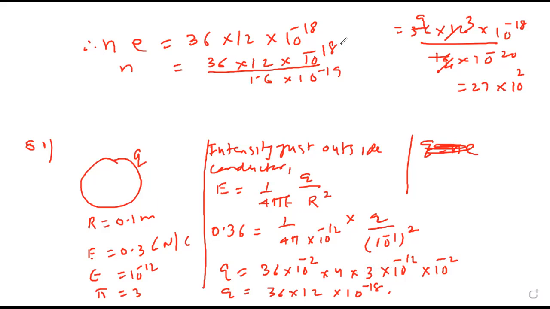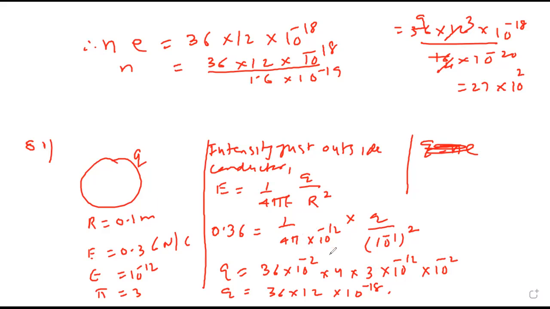This is 1.6 into 10 raised to minus 20. 4 4s are 16, 4 3s are 12. 27 we got, only that power is not matching. E is given 0.36. That's perfectly right.